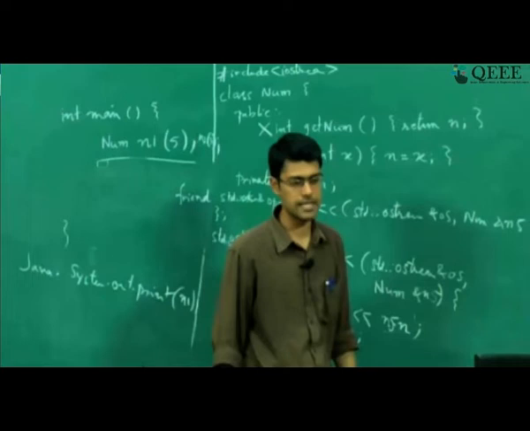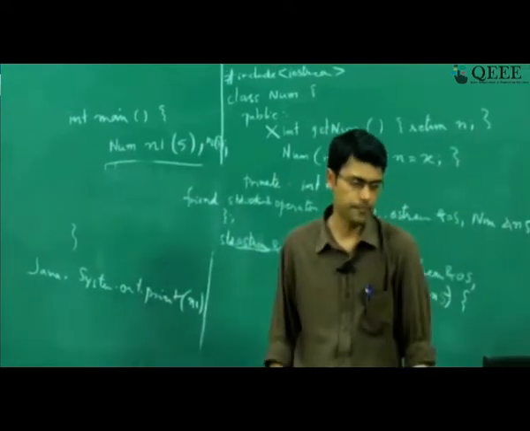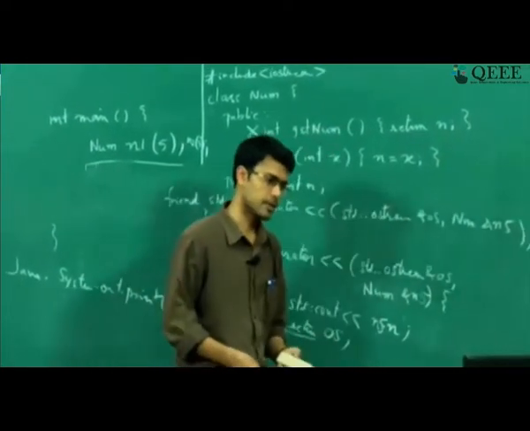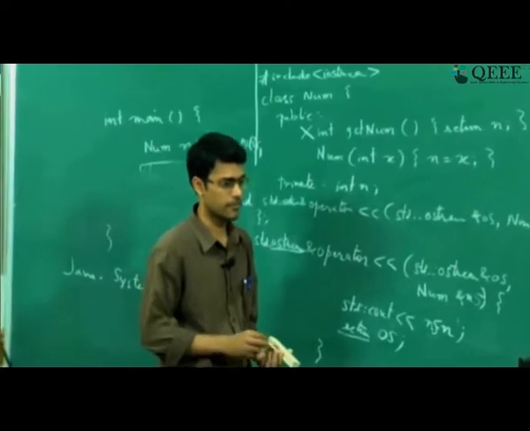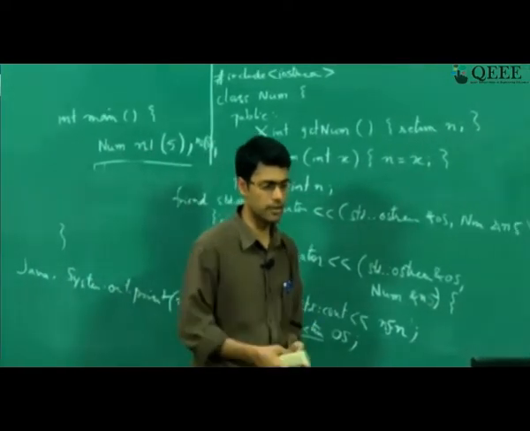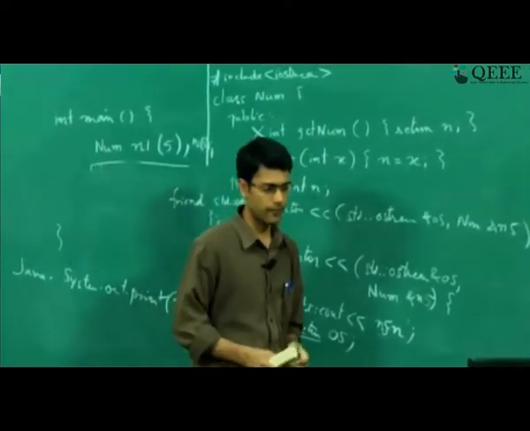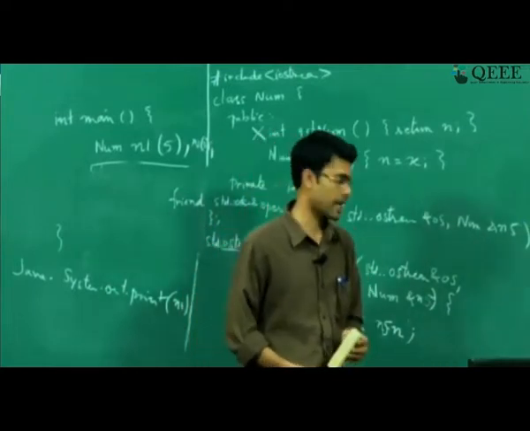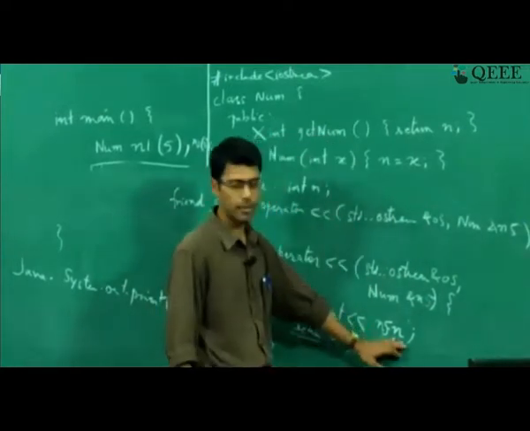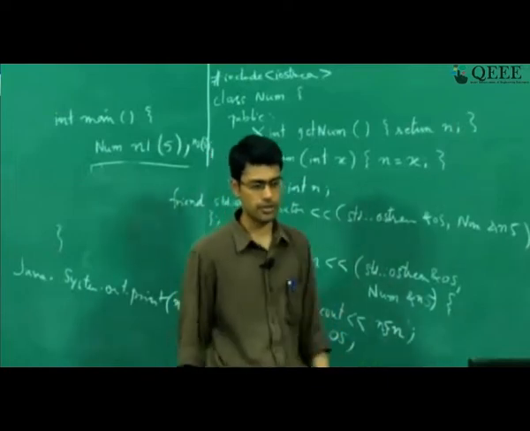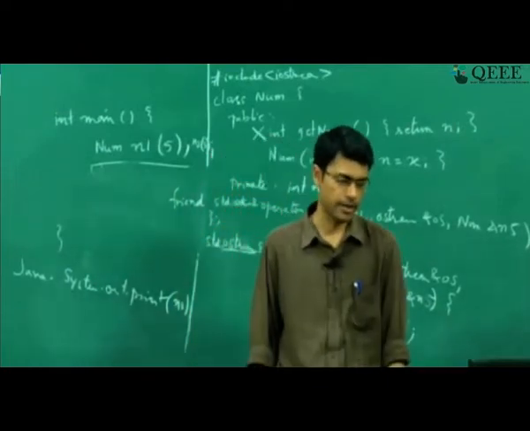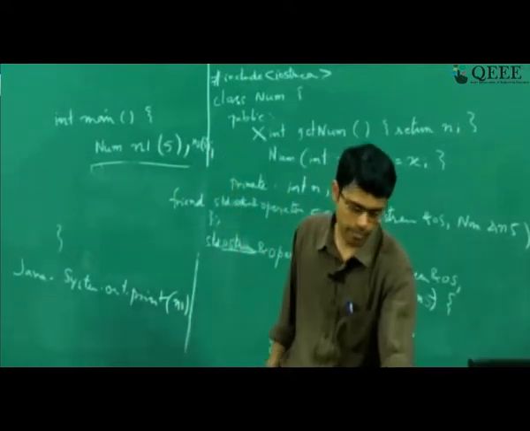So that's what we will see on slide number 16, where I'm showing the error you can have: num.n, in this case n5.n, being accessed, and that is going to result in a compile time error. The error is operator left shift cannot access private member n.